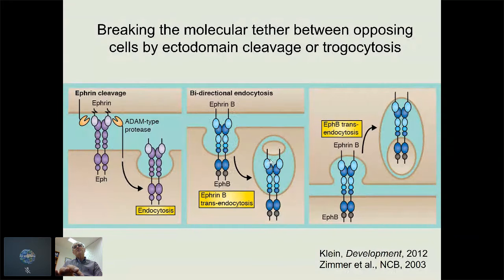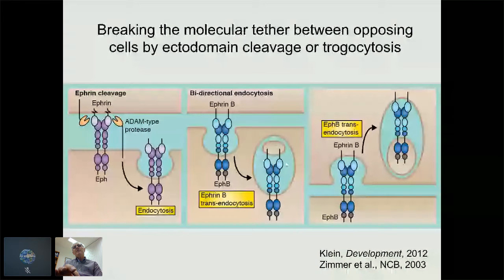And in most cases, the ephrin cell was also able to do this. So it's almost like bidirectional eating, nibbling at the opposing cell. And this is a way for the two cells to get rid of the molecular tether that is formed by the Eph-ephrin complex, and to rapidly repel each other.